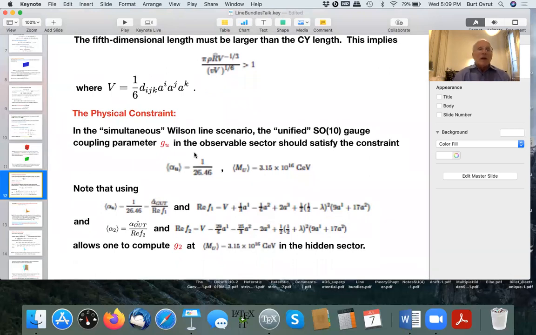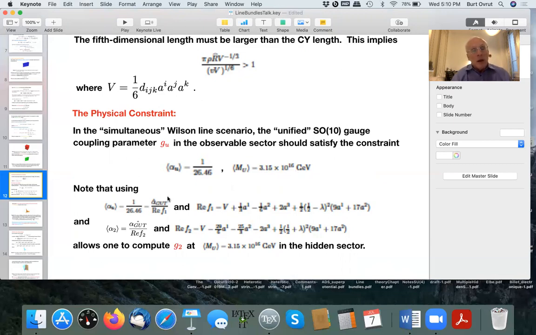Then, in addition, we have a physical constraint, which has been discussed many times before: we want a unification scale and a unification alpha, which is g1 squared over 4 pi, to be the kind of thing one would expect in a unified SO(10) theory. For reasons discussed in our paper, we'll choose 1 over 26.46, and the unification scale should be 3.15 times 10 to the 16 GeV.